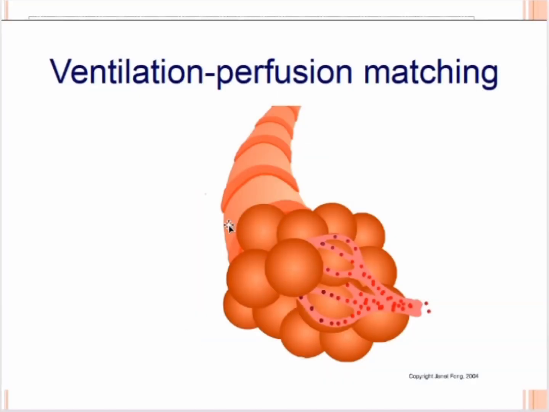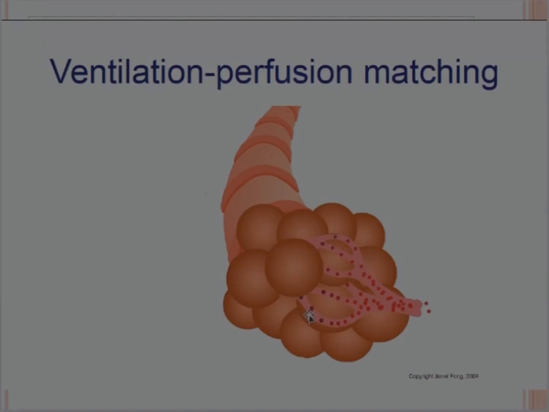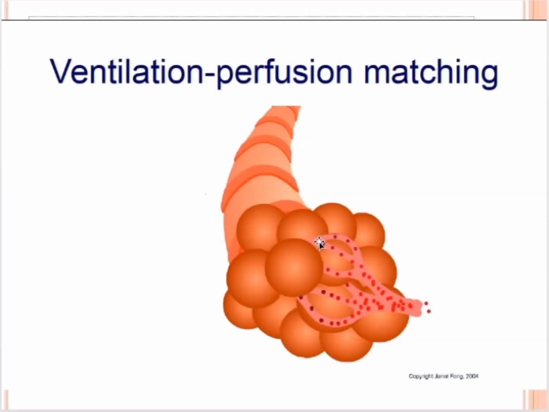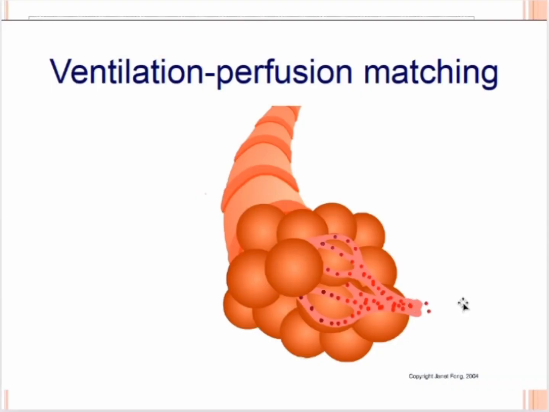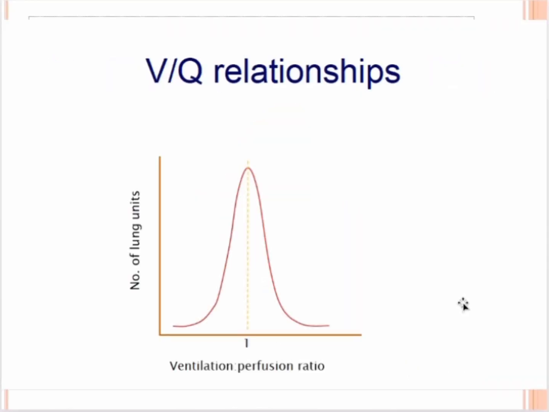In a normal lung, all alveoli which are ventilated are well perfused. If you see, all alveoli are well ventilated and they are all perfused. So blood leaving these alveoli is fully oxygenated. So in normal circumstances, the ventilation-perfusion ratio is 1.